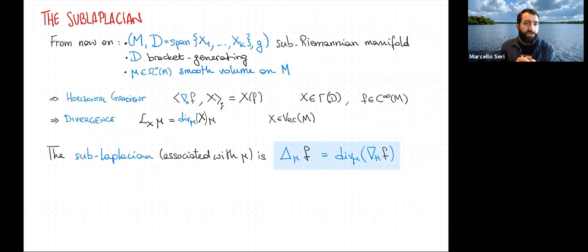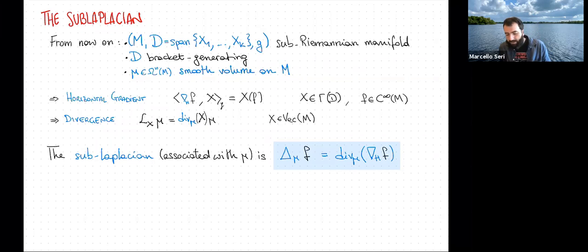And then the divergence is going to have the same definition, but it's going to depend on some volume that is not necessarily a canonical volume as in the Riemannian case. So for example, the pop volume, or maybe the Hausdorff one if you can prove that it's at least C2.